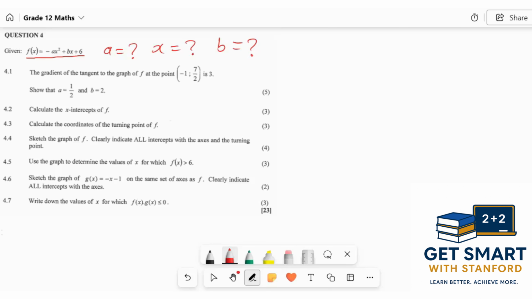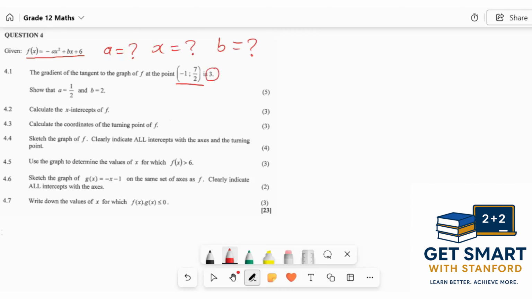For 4.1, they say the gradient of the tangent of the graph of f at the point where x is minus 1 and y is 7 over 2, that particular gradient is 3.